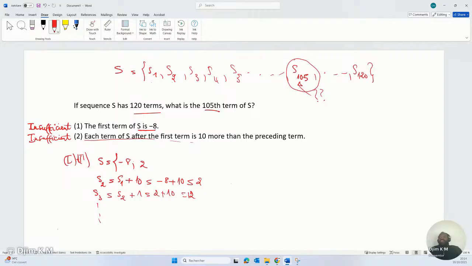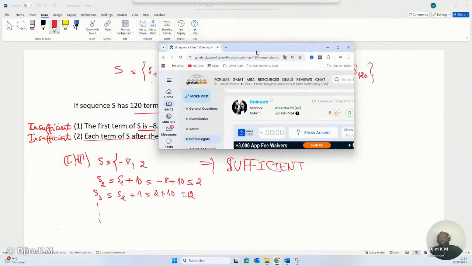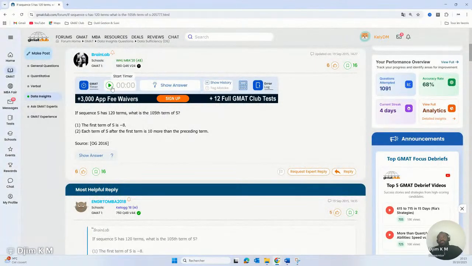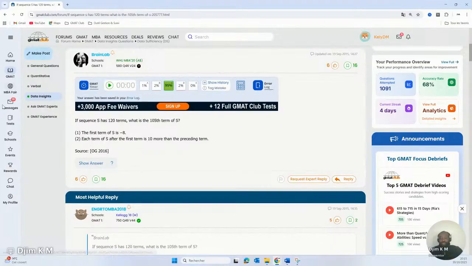Okay, so definitely, when we take the two conditions together, they are sufficient. So the answer is answer C. That's it.